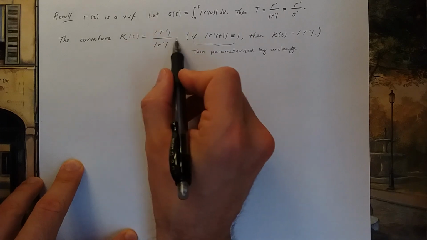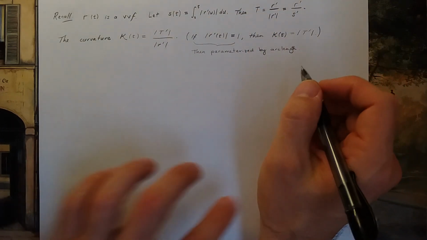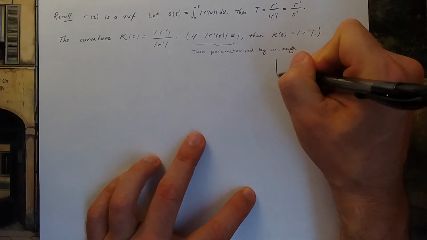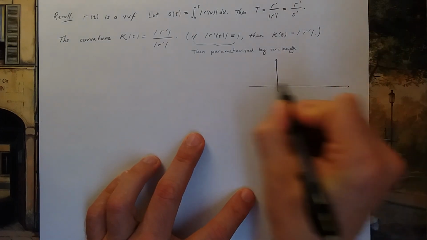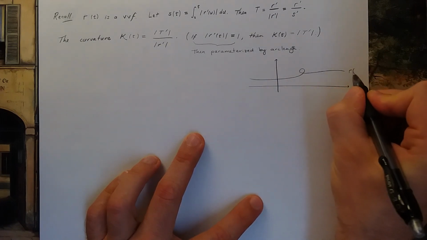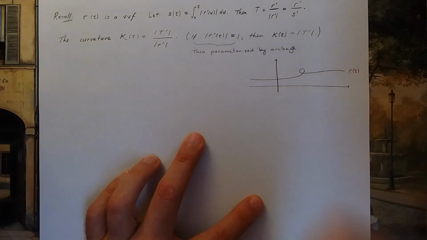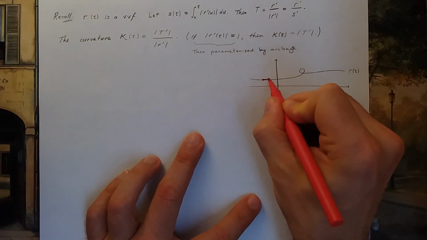This is the definition of curvature, but what is it telling us geometrically? Let me try to sketch a picture here. So here is a depiction of one curve described by a vector-valued function R. At different points on this curve, we have different unit tangent vectors.